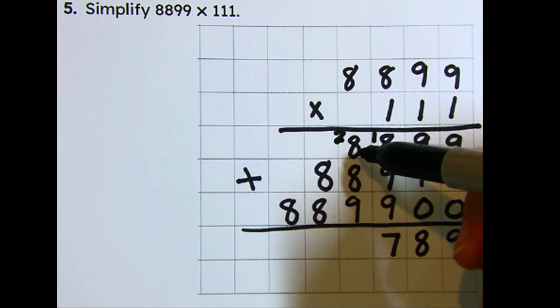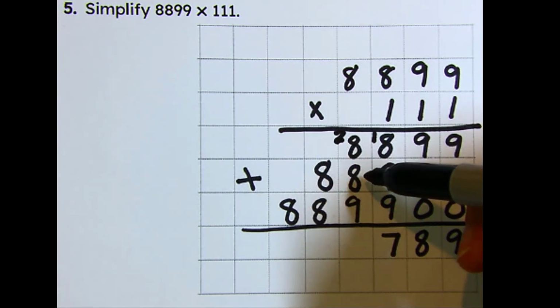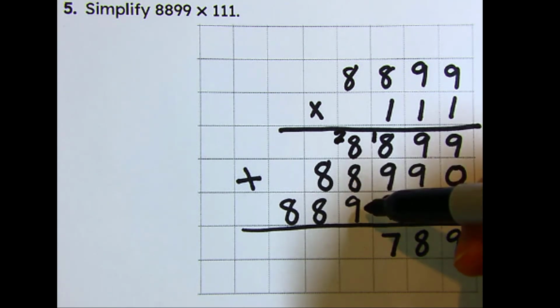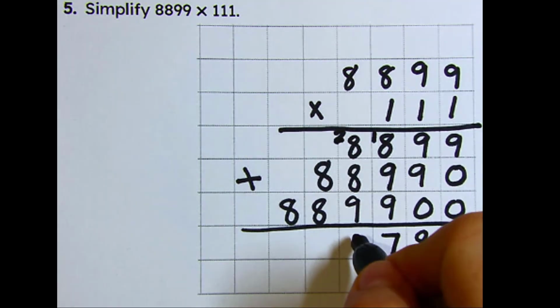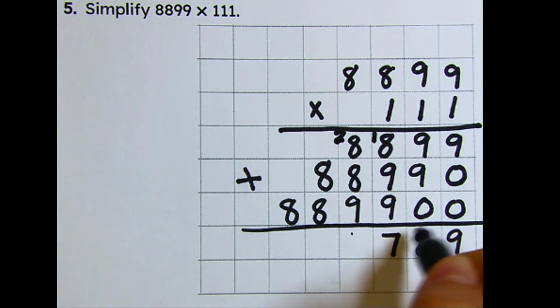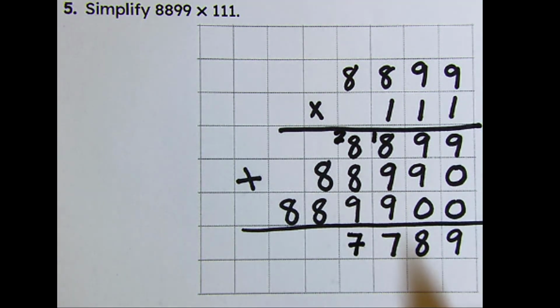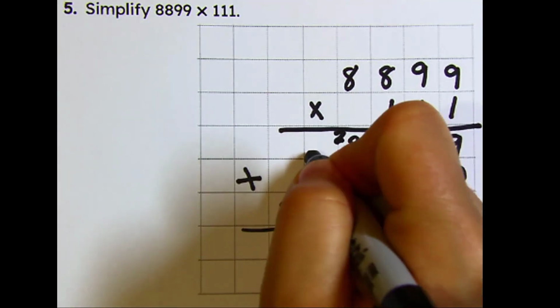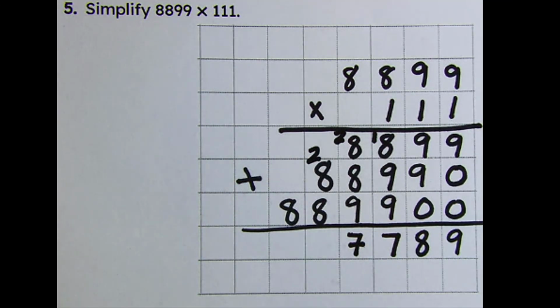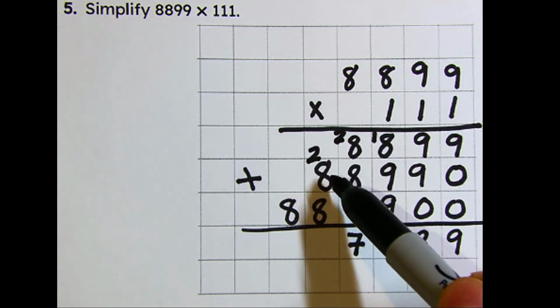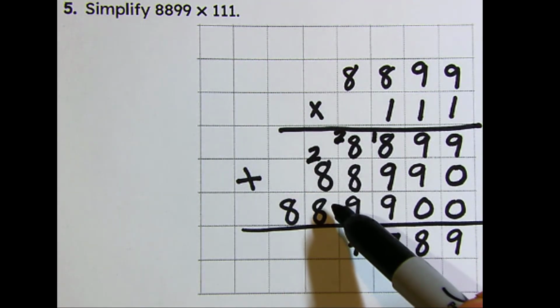2 and 8 is 10, plus 8 is 18, plus 9 gives me 27. So it's 27 thousands. So that's 7 thousands. And that 20 I can regroup because it's like having 2 10,000s. 2 and 8 is 10, plus 8 is 18.